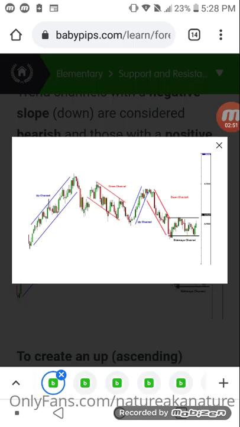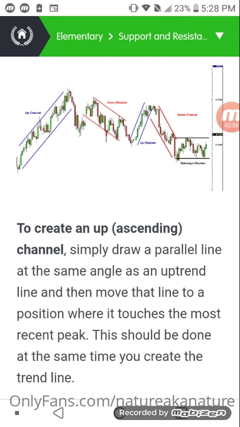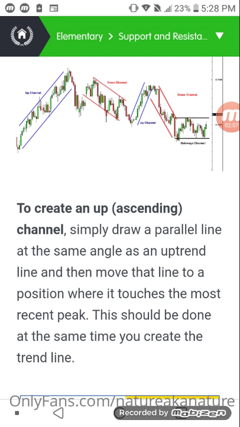To create an ascending channel, or an up channel, you simply draw a parallel line at the same angle as the uptrend line, and then you move that same line in position, or you just copy it, to touch the recent value.